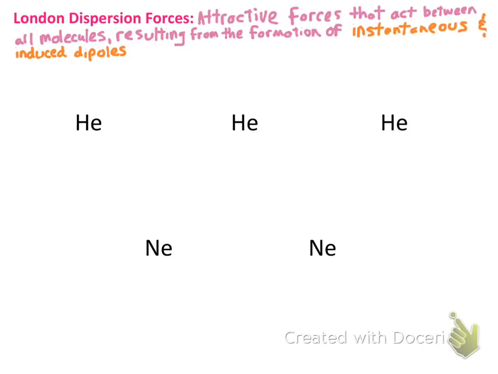Now, what are instantaneous and induced dipoles? Let's take a closer look using two different noble gases, helium and neon. As we know, electrons don't move in a perfect orbit, but these cartoons will be useful for us getting to the root of what an instantaneous and induced dipole is. So imagine that we have these electrons that are just moving randomly about helium.